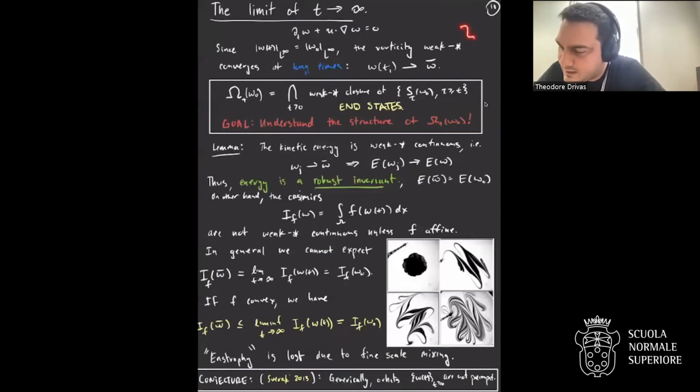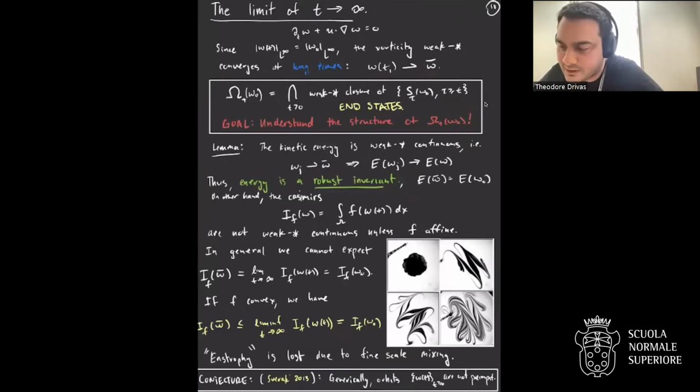And like I said, the Yudovich phase space is a very reasonable setting to talk about these, because you have a bound for all time in terms of the initial data of the L infinity norm of the vorticity, which in particular implies that as time goes to infinity, on subsequences, you have weak star convergence of the vorticity to some profile.